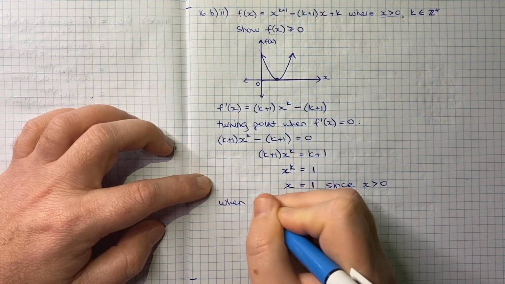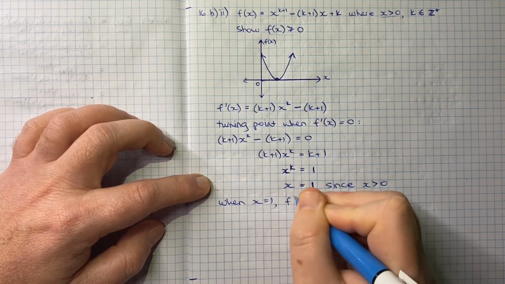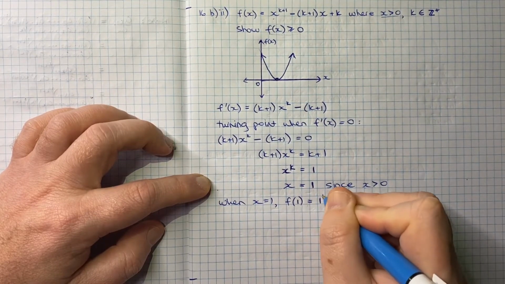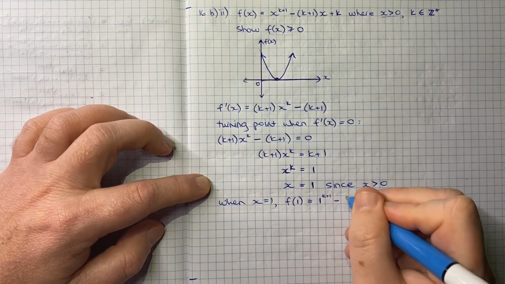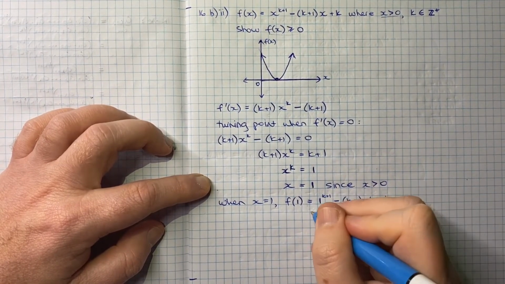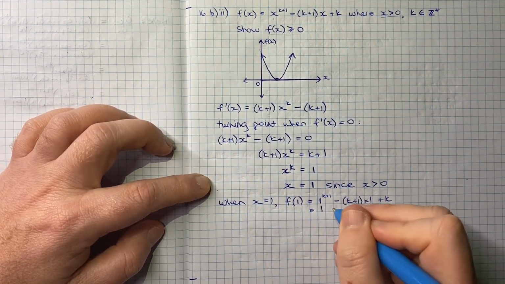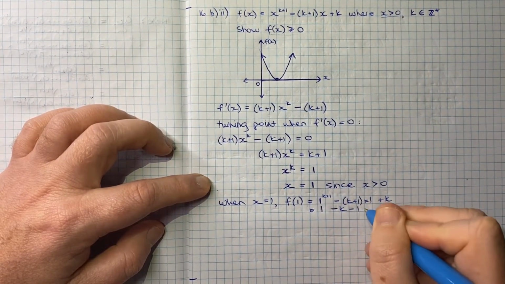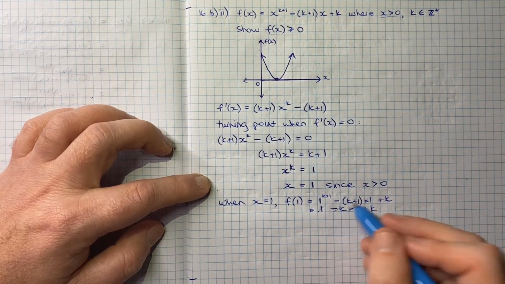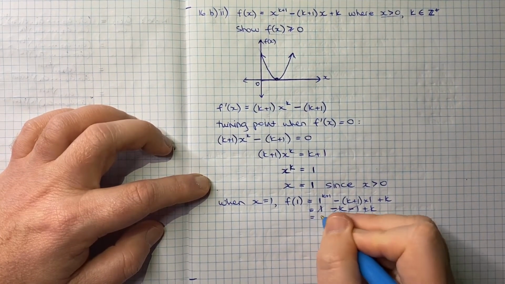When x equals 1, f(x), or f of 1, is equal to 1 to the k plus 1 minus (k plus 1) times 1 plus k. So that's just going to be 1 minus k minus 1 plus k. So the 1 and minus 1 cancel, the minus k and the plus k cancel, so we get 0.